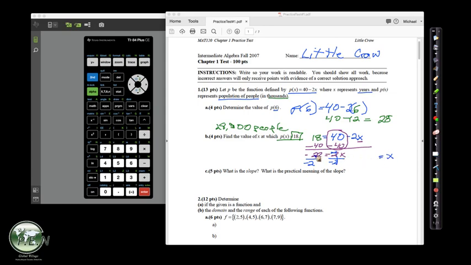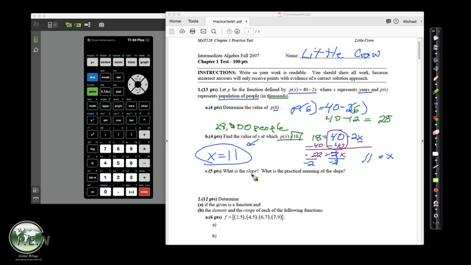And on the left side, negative 22 divided by negative 2 is 11, negative and negative make a positive. So 11 is our answer. x equals 11. So maybe if you want to directly answer it over here, x equals 11. 11 equals x is the same thing. So after 11 years, we're down to 18,000 people.